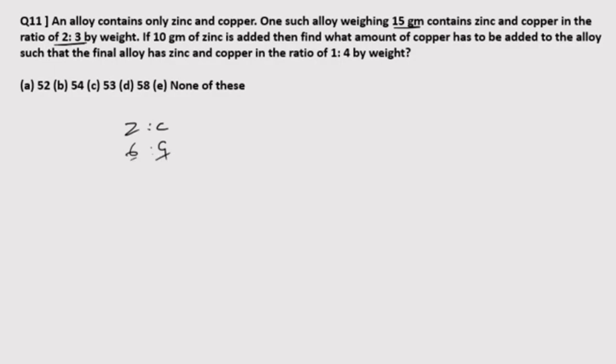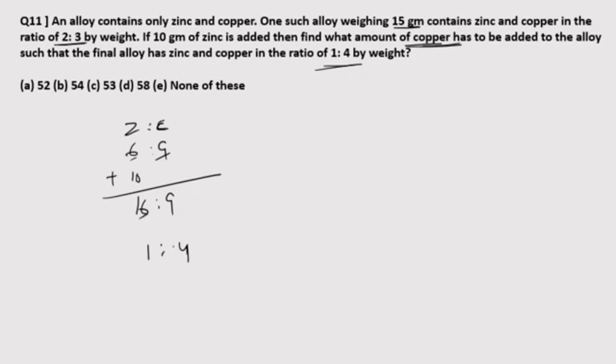Now 10 gram of zinc is added, plus 10, so this becomes 16:9. Now find the amount of copper that has to be added to the alloy such that the final alloy has zinc and copper in the ratio 1:4. If I am adding copper, then I have to keep the zinc part the same.